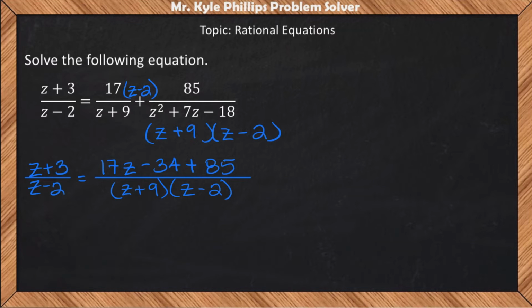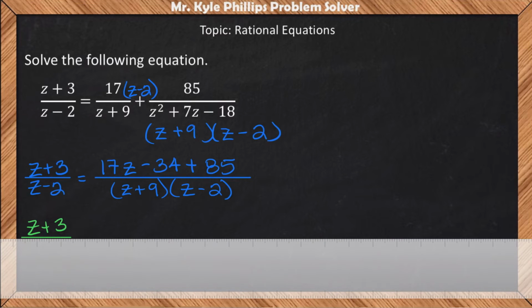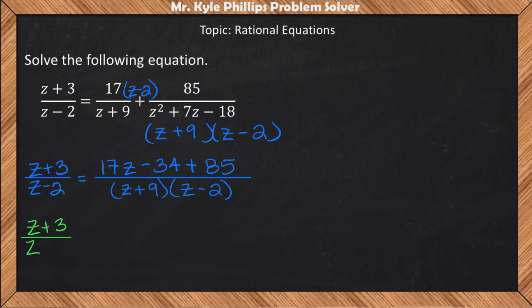So now what I want to do is, in my numerator, I will want to combine these two terms here. So I'll have z plus 3 all over z minus 2. This will equal 17z.